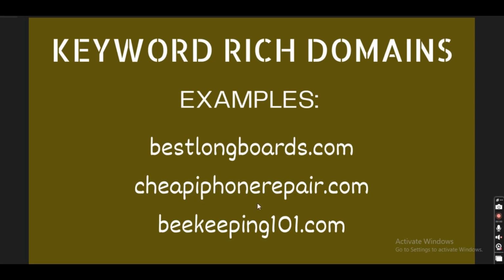This type of domain name must have the main keyword, you understand? So they have keywords in the name, like beekeeping101.com. You know exactly that this website is about beekeeping. This one is about iPhone repair, and this one is about longboards, so best longboards.